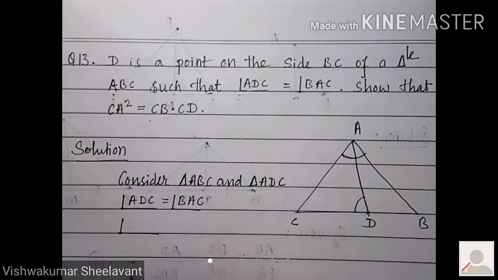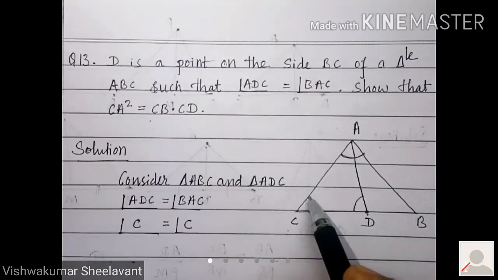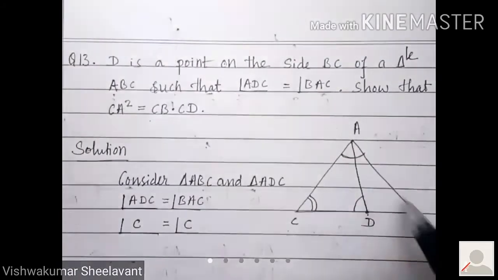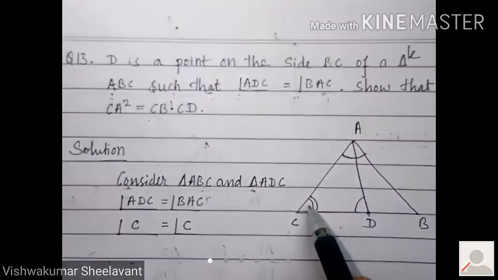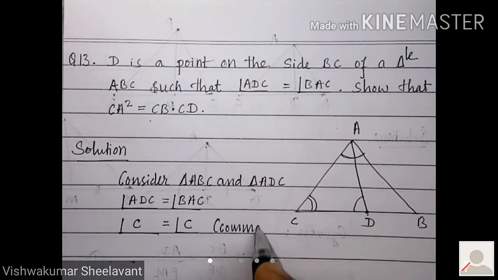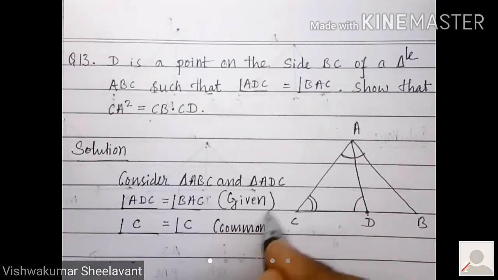Angle C equal to angle C. In triangle ADC, here we are having angle C. In triangle ABC, also we are having angle C. So it is common angle. First one is given.